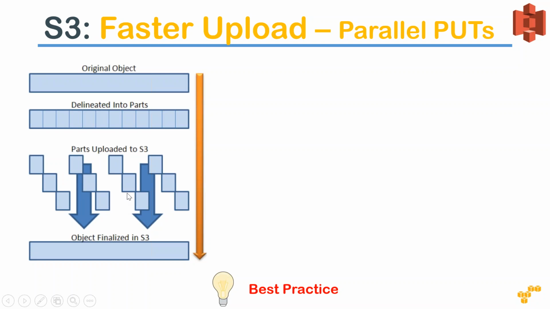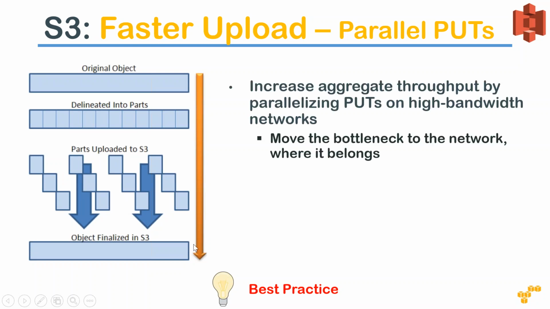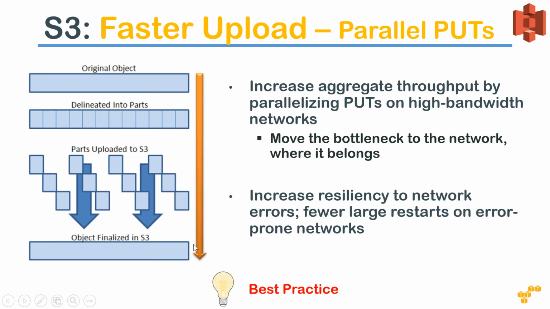Since there are 4 streams going on at the same time, your finalized object goes faster into the cloud. So this is a software-driven way of increasing your uploads. Mostly your application teams or developers will be involved in doing this, but this is one other way to increase your upload speed.